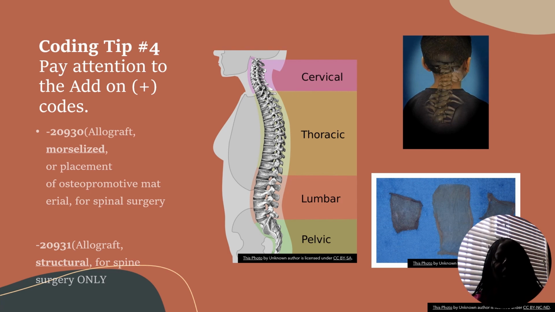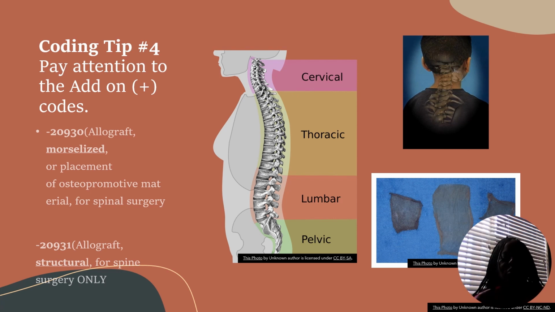So again, these are key things that you need to look for when you're looking at your code selection or determining which codes to select. And it's going to be based on that documentation. So if the allograft was a morselized or an osteopromotive type of material such as BMP for spinal surgery, then that is your code.